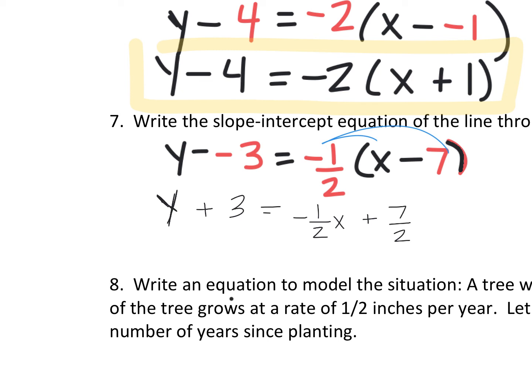And then we're trying to get this in slope-intercept form. So it's almost there. I just have to move this over. So how would I move that plus 3 to the other side? Subtract it. And it does get subtracted from the 7/2. You can type that in a calculator. You do have a fraction button. If you type in 7/2 as a fraction minus 3, it should do it for you. Or you could put it as a decimal. 7/2 is 3.5.